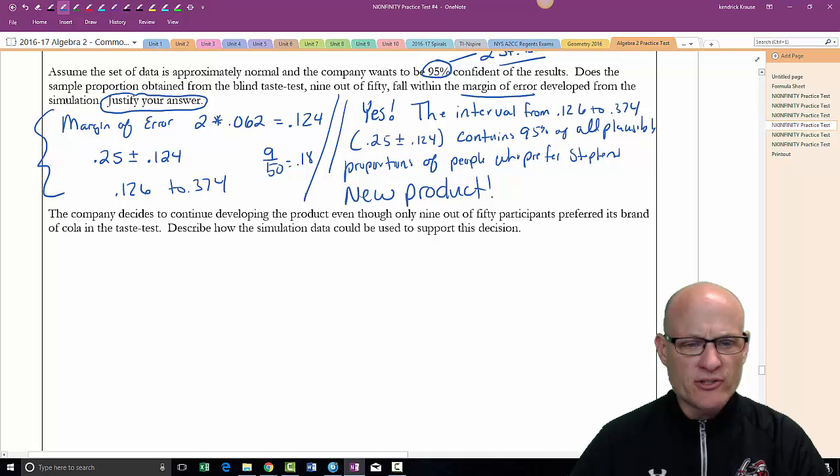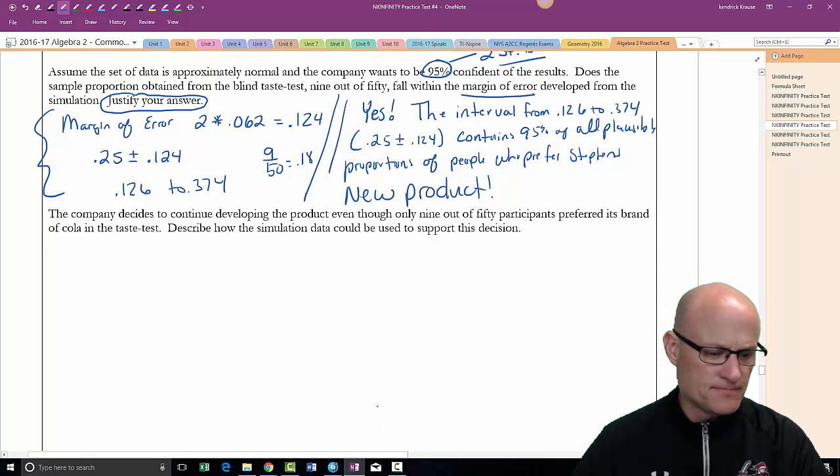The company decides to continue developing the product even though only 9 out of 50 participants preferred its brand of the Cola's taste test. Describe how the simulation data could be used to support this decision.